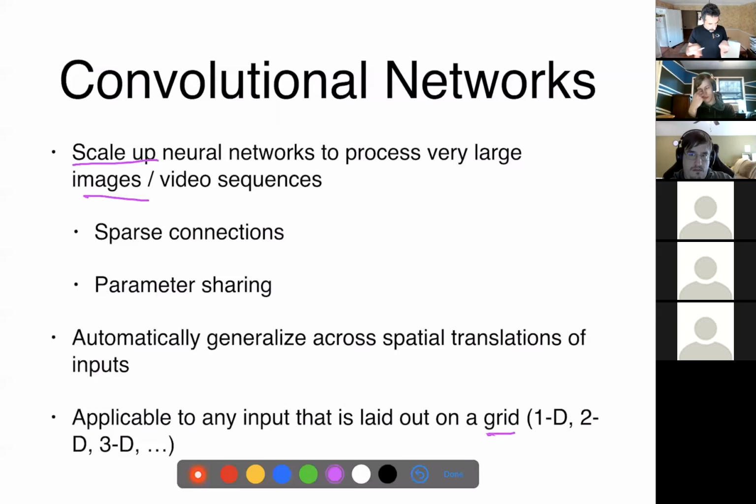But it is important to understand that this type of architecture applies to structured data. One example of maybe non-structured data, if you want to compare, is a time series.